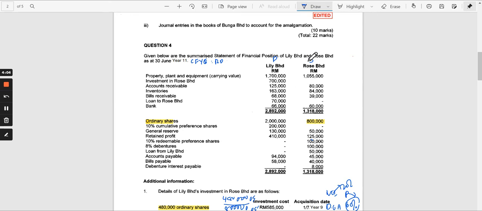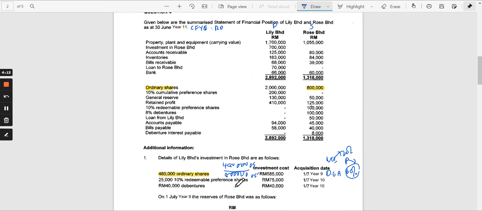So the first step is to combine the financial statements. When you combine, you do not need to wait until you acquire other shares like preference shares or debentures. As long as you have acquired the ordinary shares, there is already control, and therefore there is a need for consolidation.